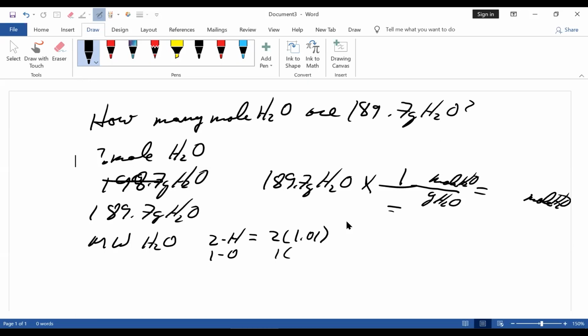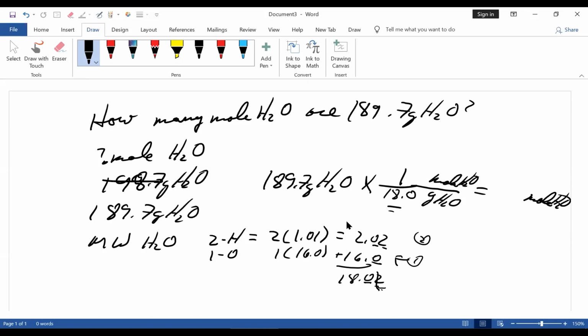For oxygen, 3 significant figures, 16.0. We've already done this. Do the math. Add them up. Remember, you keep the same number of significant figures past the decimal as the number that has the fewest. So the molecular weight of water is 18.0 grams.